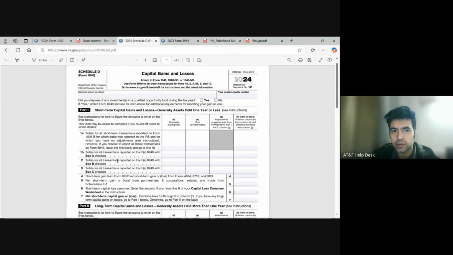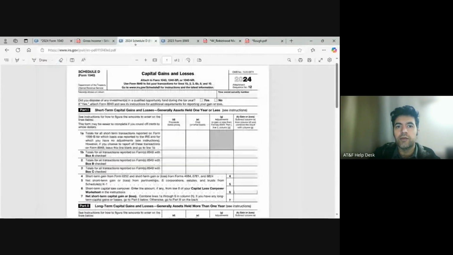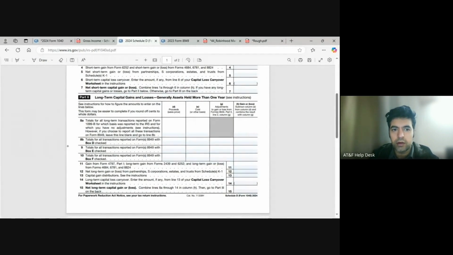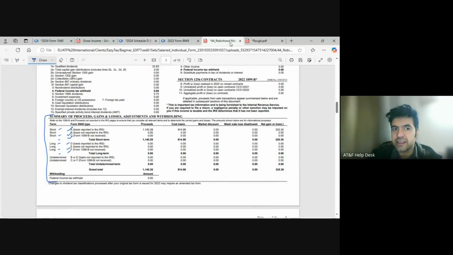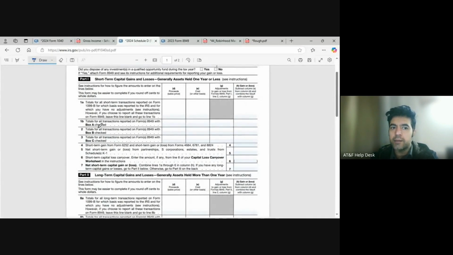Box A, box B, box C. Short and long, box D, E, F. Clear? So first thing is very easy, that whatever amount is here, these should match in our Schedule D as this, totals of box D, E, F and A, B, C.